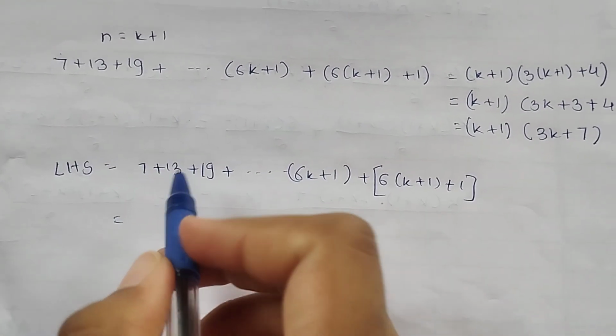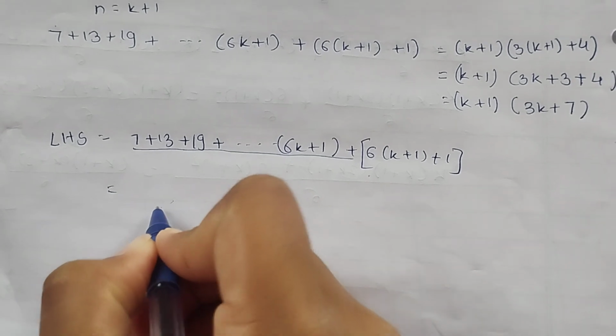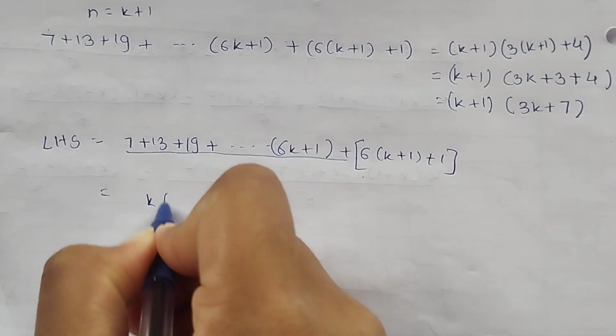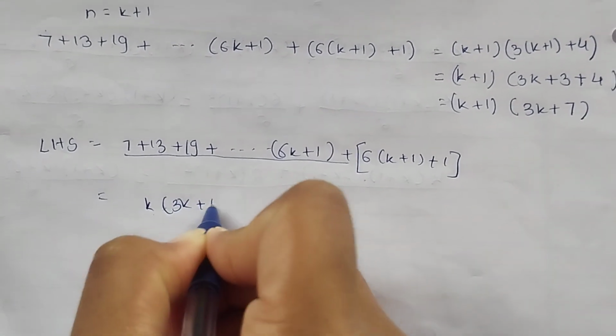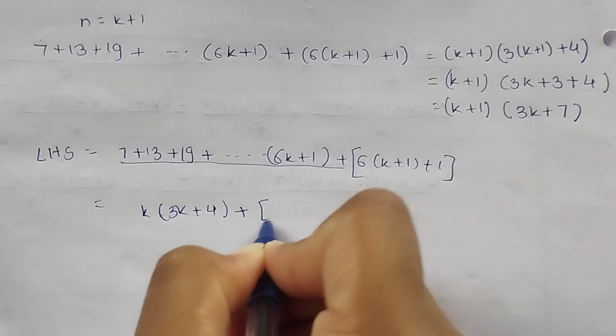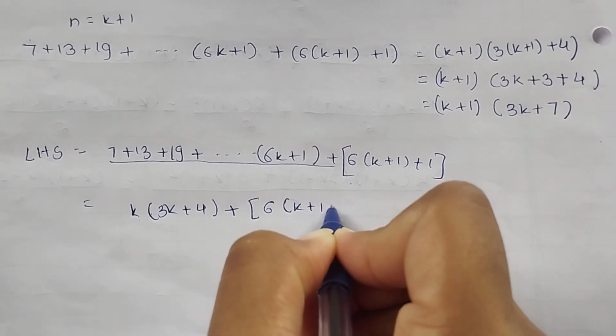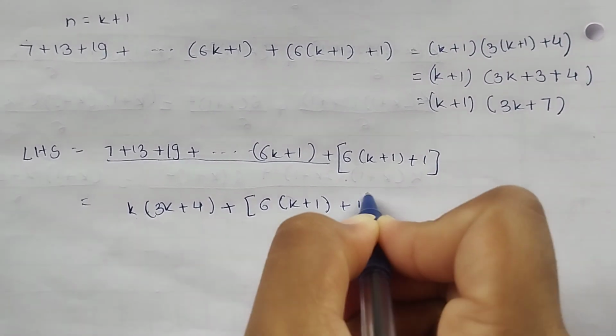So this first term is nothing but k into 3k plus 4 plus 6 k plus 1 plus 1.